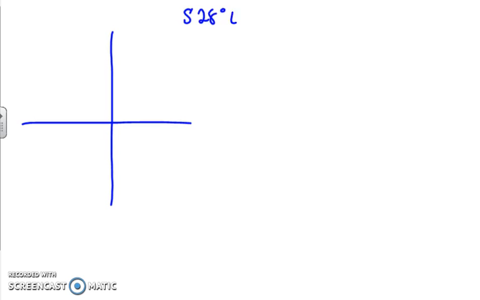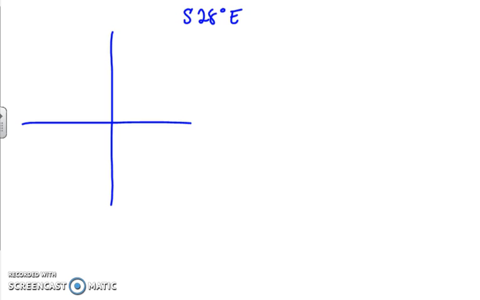Okay, whenever we say a bearing, the key there is that it's the angle made with the north-south line. North-south line. Draw a north-south line every time they talk about a bearing. So let's say that I had a bearing of south 28 degrees east.